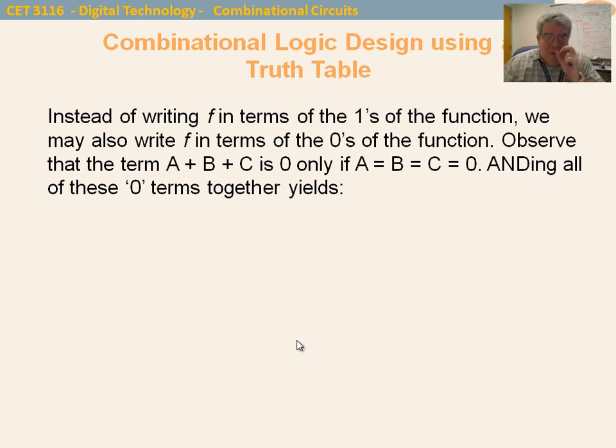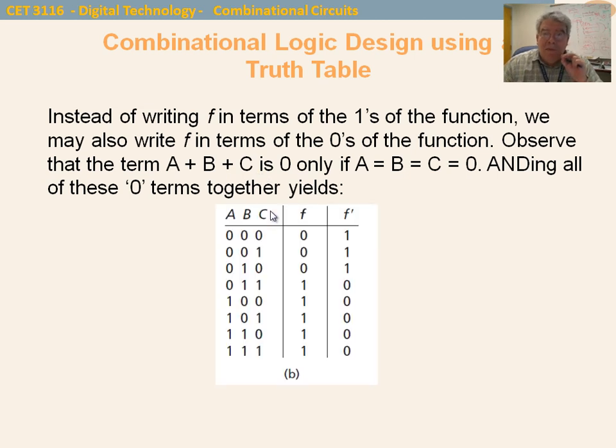If you pay attention, you will see that the term A or B or C is going to be 0 only when all three of them are 0, right? So if you find all the terms in this form, like a sum, that make that particular row equal to 0, we will have this. See that in the first row, when A equals 0, B 0, and C 0, the A or B or C is going to be 0.